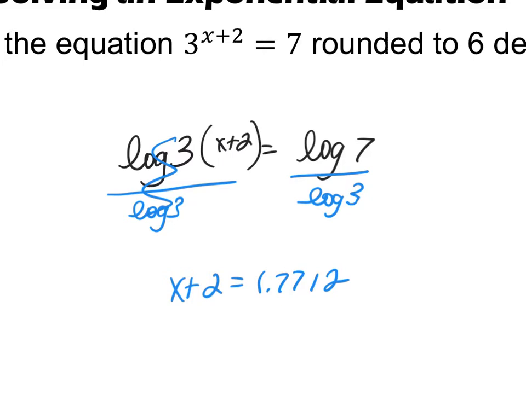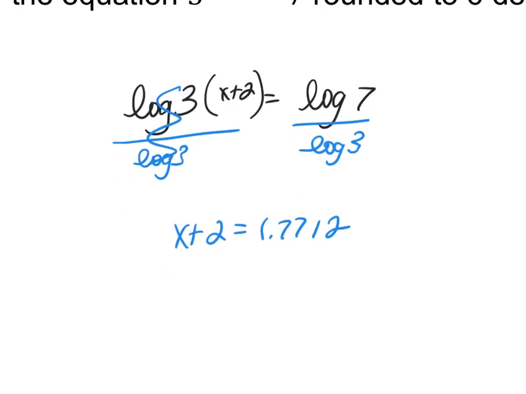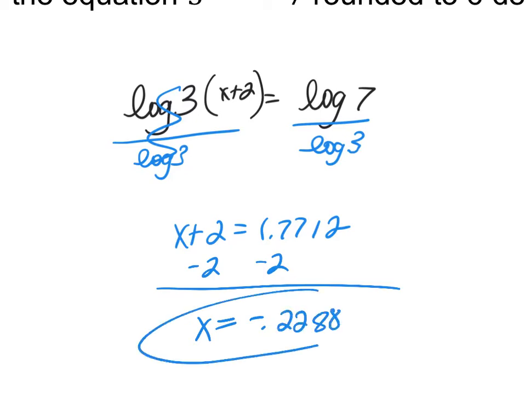And then what's the last thing I do to get x by itself? Subtract 2. So x is about, it's not going to be a perfect number, but what's 1.7712 minus 2? Negative 0.2288.